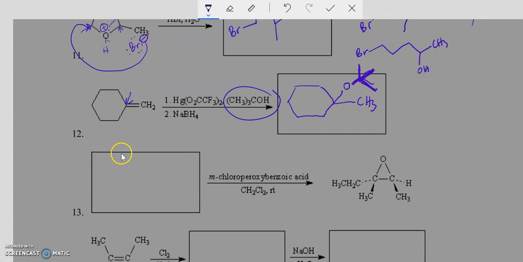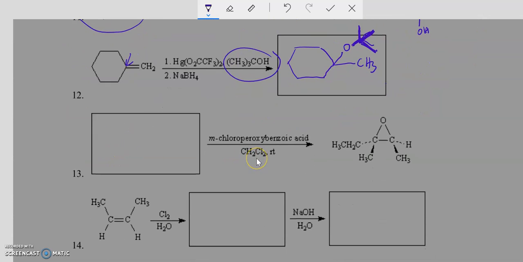All right, so now number 13, it's asking about meta-chloroperoxybenzoic acid. What will happen in this reaction, or what's going to be the reactant, since the product is provided here? This is one of the fancy reagents that's used to make epoxides from a double bond, right? So basically you have a double bond here first, and then you make an epoxide with it, right?